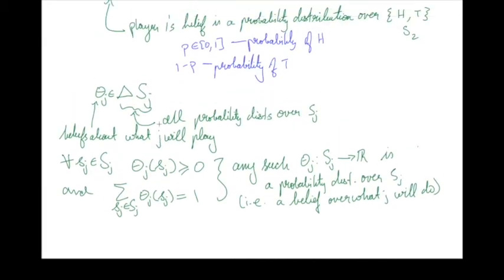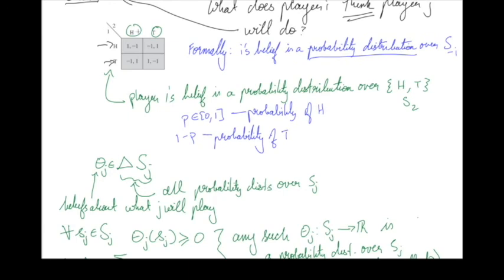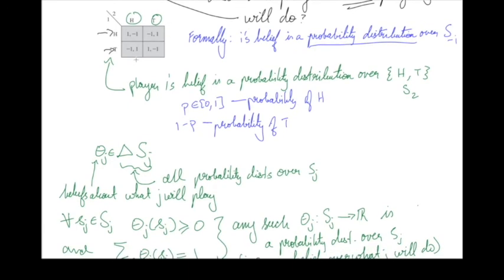Going back to our earlier example here with the two strategies, I just want to point out a couple of salient points. If P equals 0, then player 1 thinks 2 will play tails for sure.